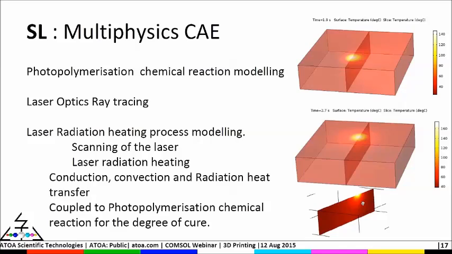So the depth of heating is critical, because that is the depth which matters before we move to the next step. All this we can model to understand the coupled effect of photopolymerization, laser radiation, and the cure, to model the product performance.